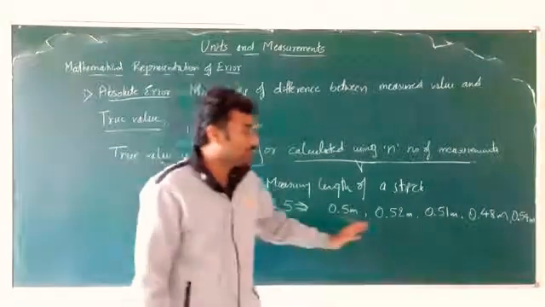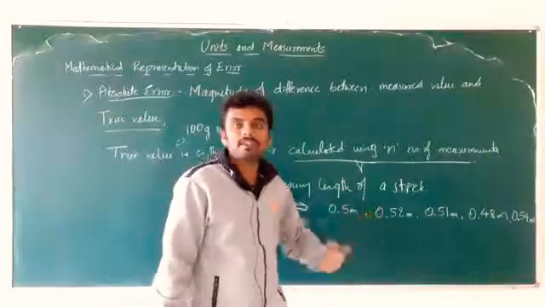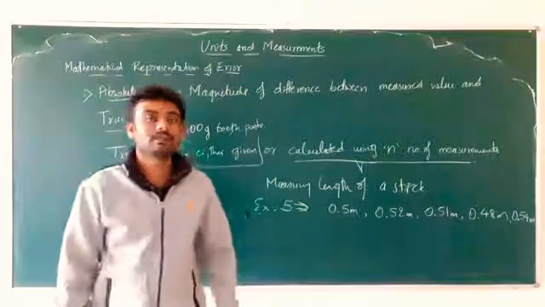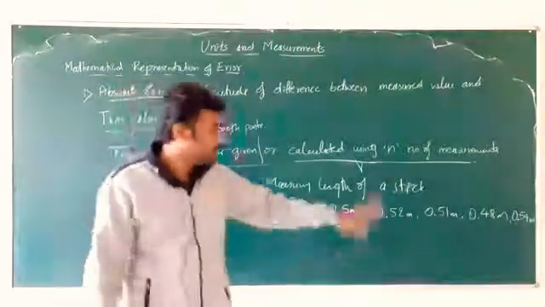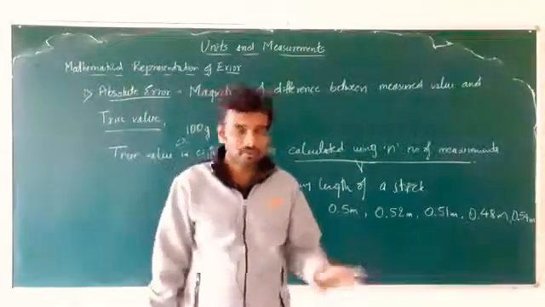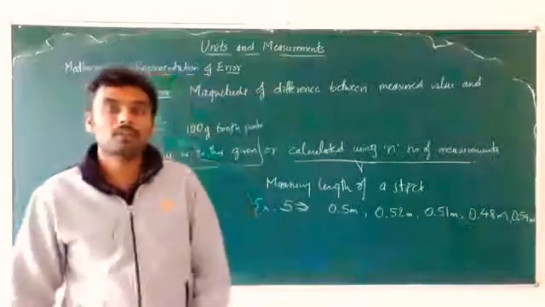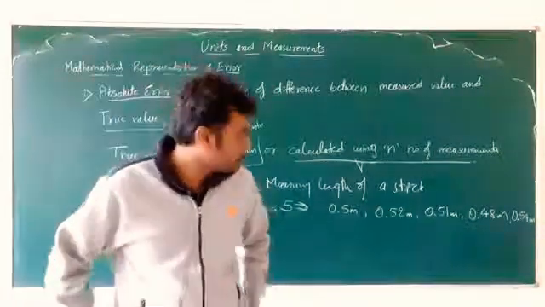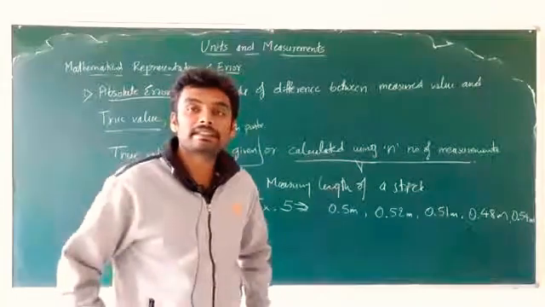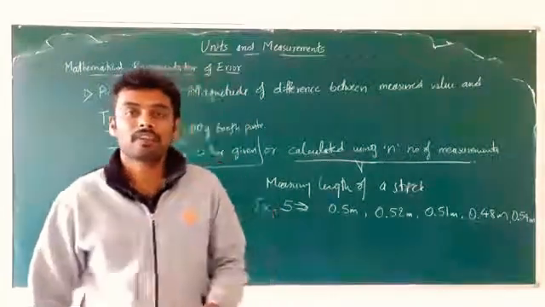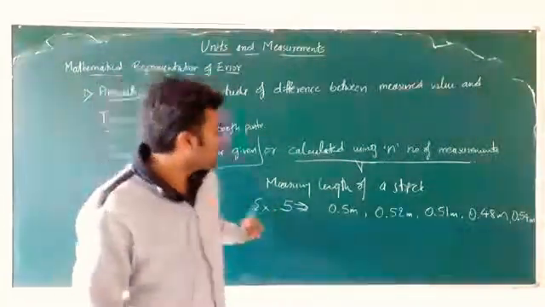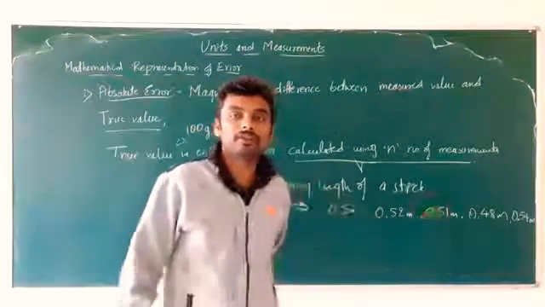So out of these 5, which reading shall be considered as the true value? Now that's the question. All of these are right, all of these are proper measurement values, but which one among these should be considered as the true value? True value is considered by taking the mean of all these values.